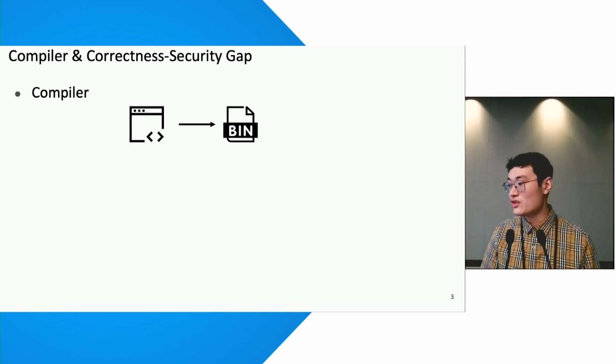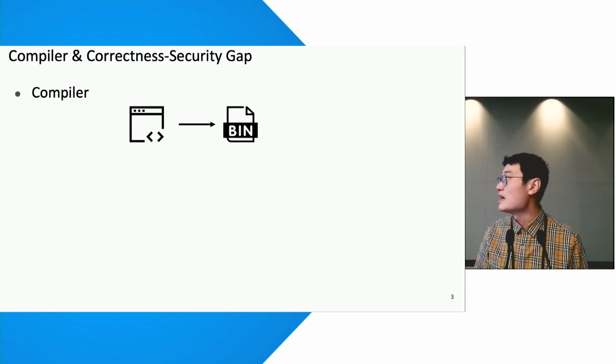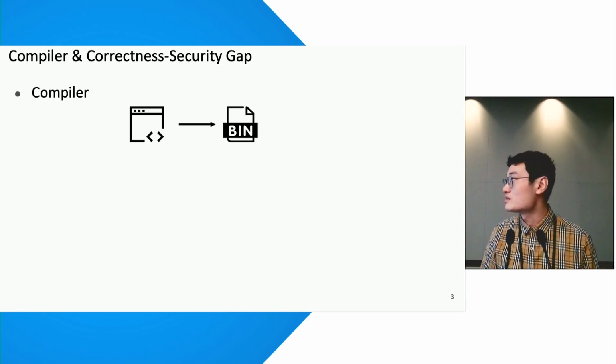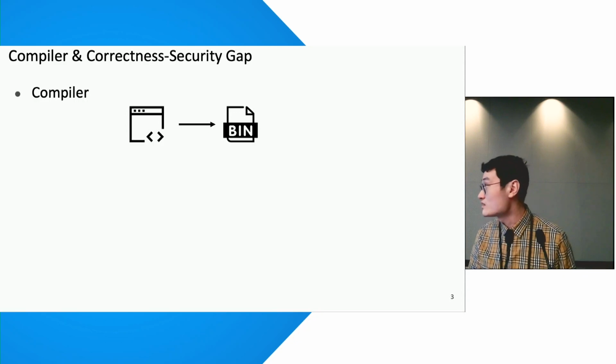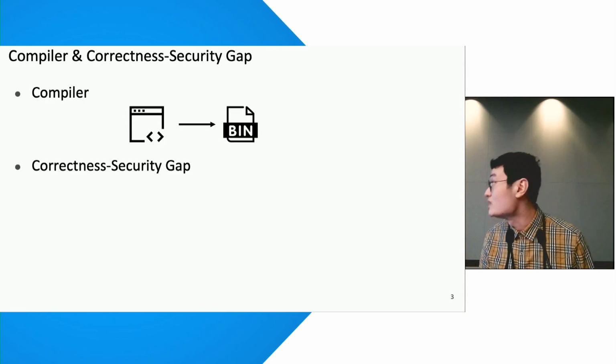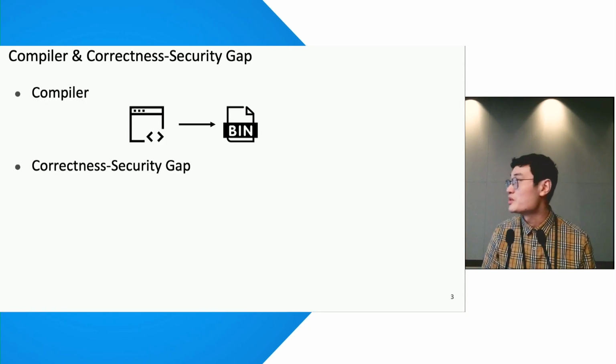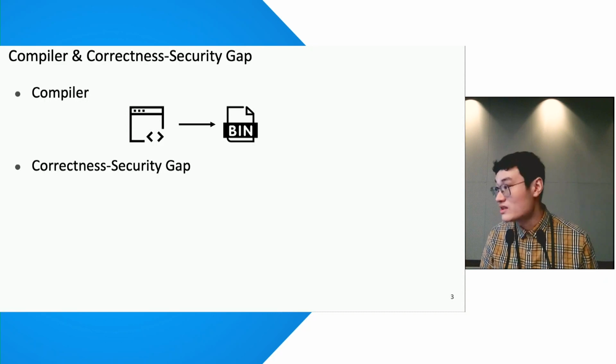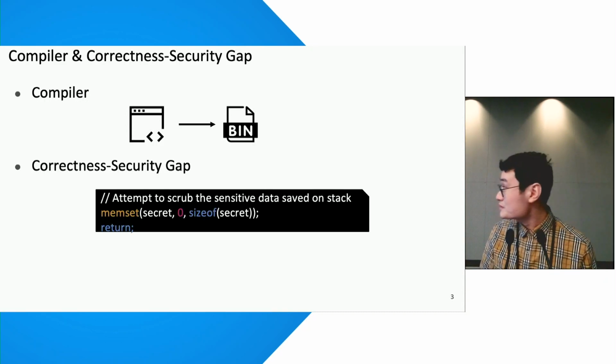Before delving deeper into WarpAttack, let's recall some concepts. First is compiler. Compilers are fundamental infrastructure that translate human-readable source code into machine-executable binary code. As you may know, there's a gap between compiler correctness and security.